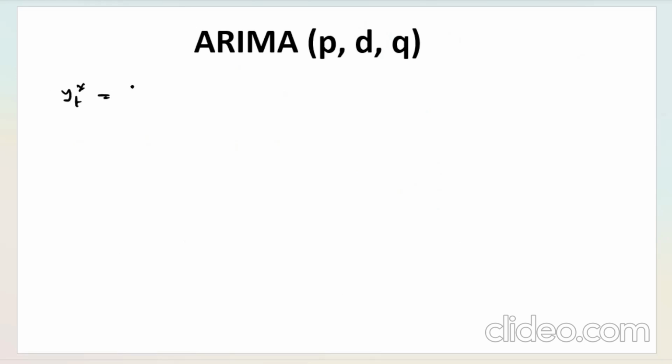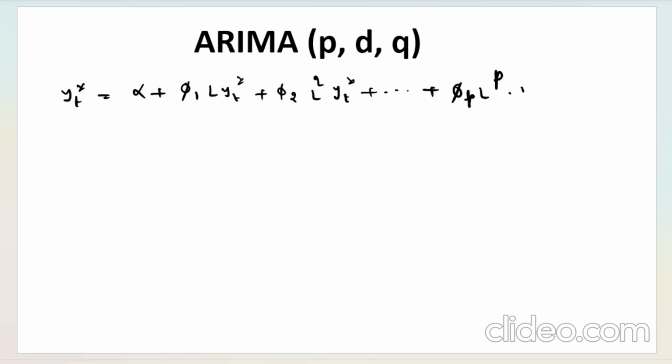Now again, we will write it down in a compact way as we always do for any other processes. Write in the lag form: phi 2 L squared yt star, and this will go up to phi p L to the power p yt star, plus epsilon t plus theta 1 L epsilon t, this will go on to theta q L to the power q epsilon t.